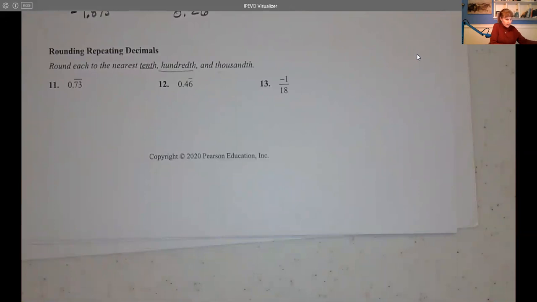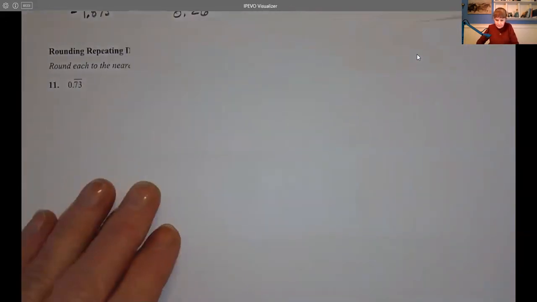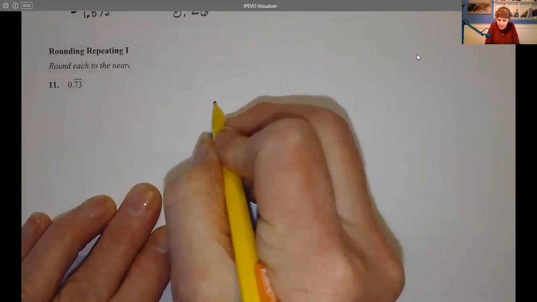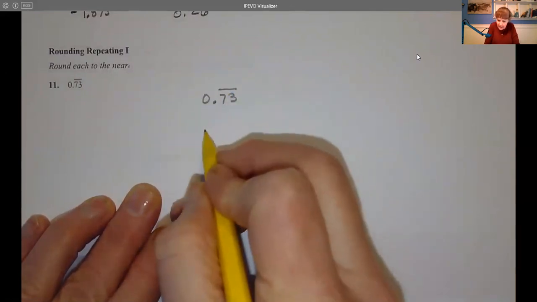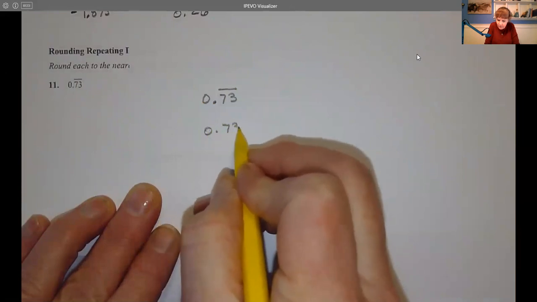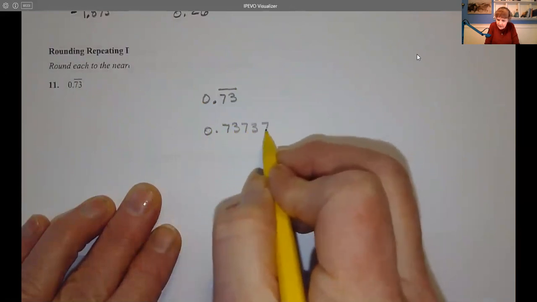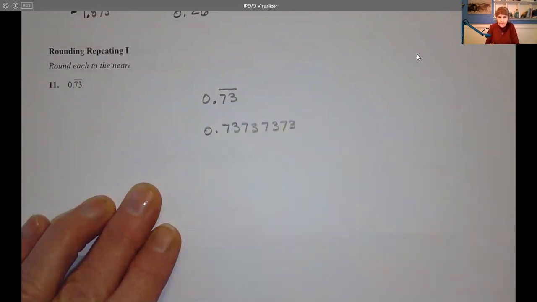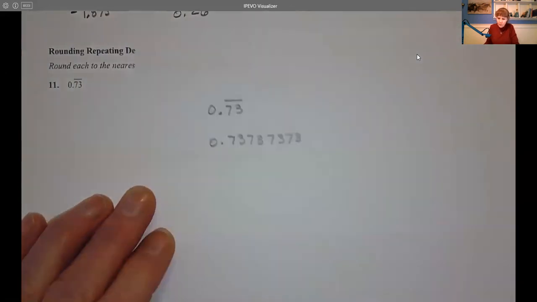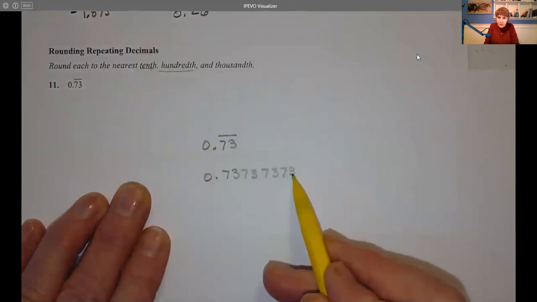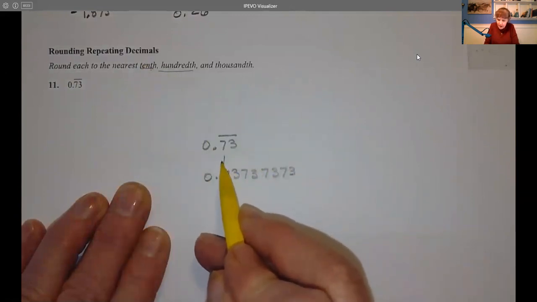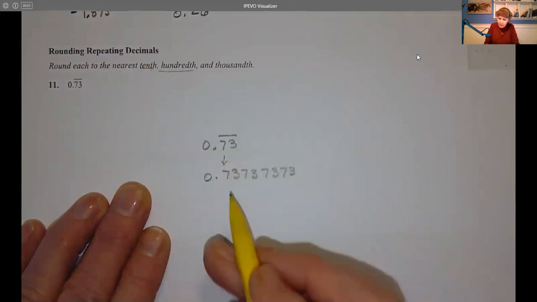So on this first one, we have 0.73 repeating. What that means is that it's 73737. You can carry it out a little ways, because you want to do that when you're rounding. Now we're going to start with the 10th. So we want to round to the nearest 10th. To round to the nearest 10th, we go to the 10th spot, which is right there, and we look to the right.